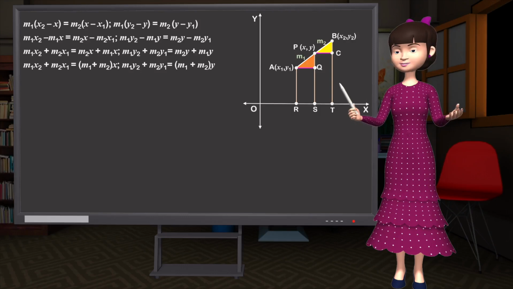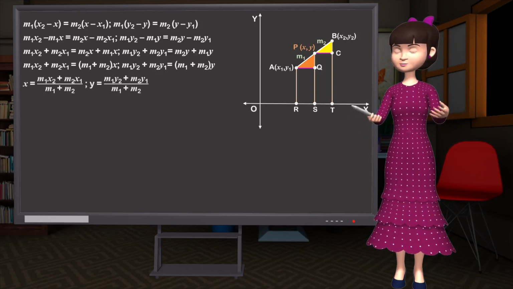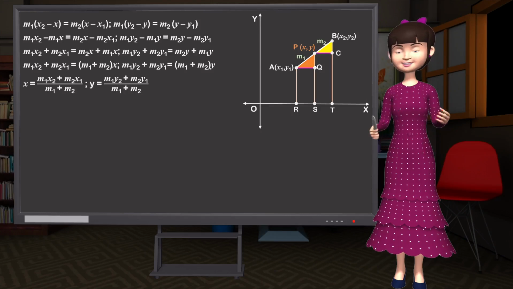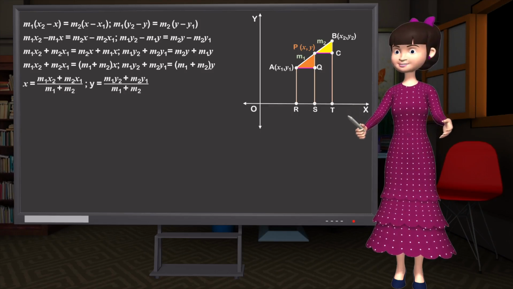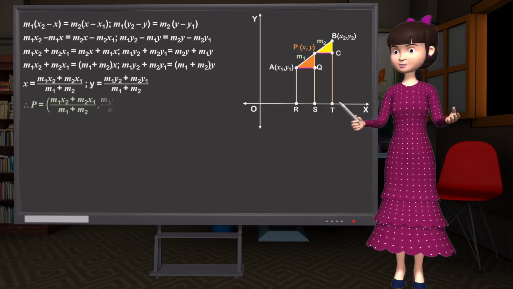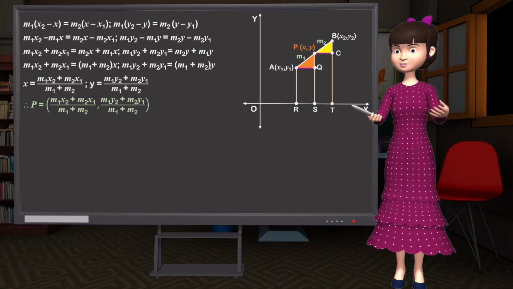We can write this as x is equal to m1 x2 plus m2 x1 by m1 plus m2, or y is equal to m1 y2 plus m2 y1 by m1 plus m2. Therefore, P is equal to m1 x2 plus m2 x1 by m1 plus m2, comma m1 y2 plus m2 y1 by m1 plus m2.